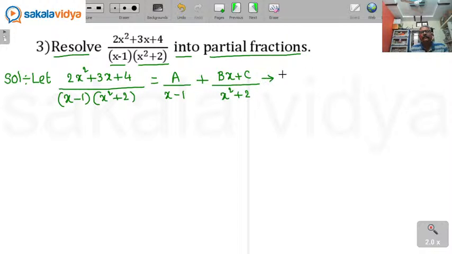Say equation 1. We need to find out a, b, c values so that we can find out the partial fractions. This is a method we need to generally adopt.